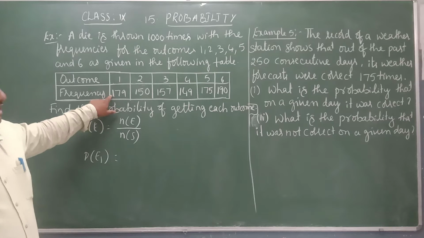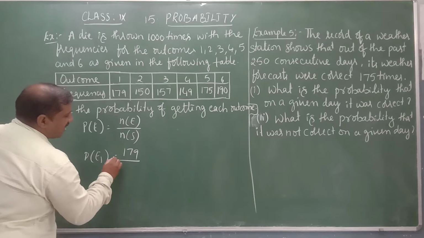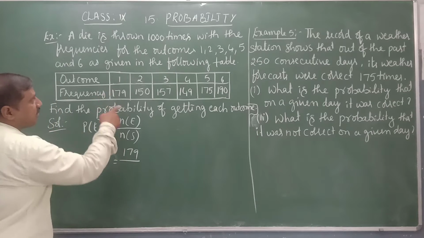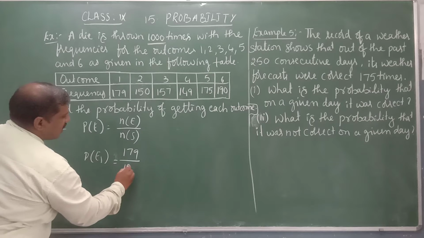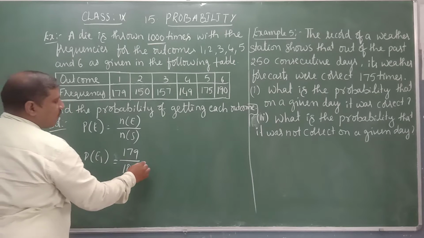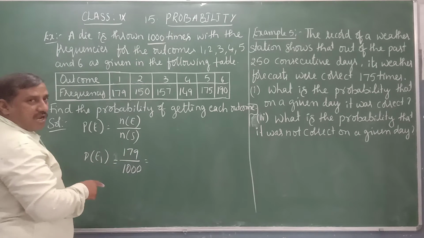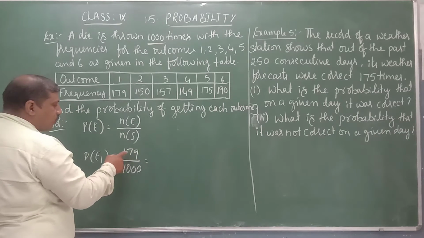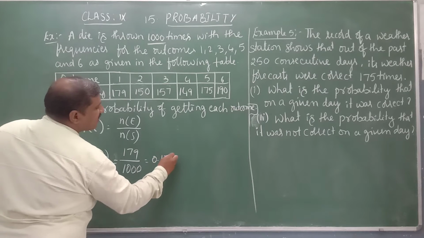That is the frequency 179, divided by the total number of possible outcomes, which is 1000. When we divide by 1000, the decimal point will come after 3 digits: 1, 2, 3. That is 0.179.